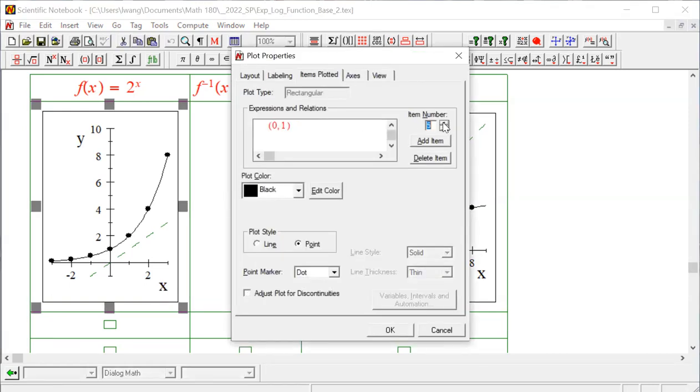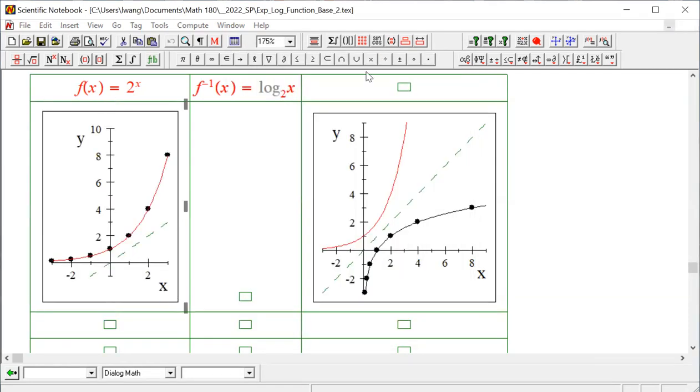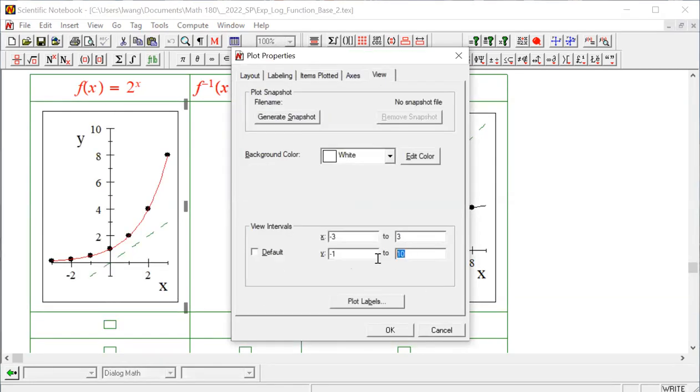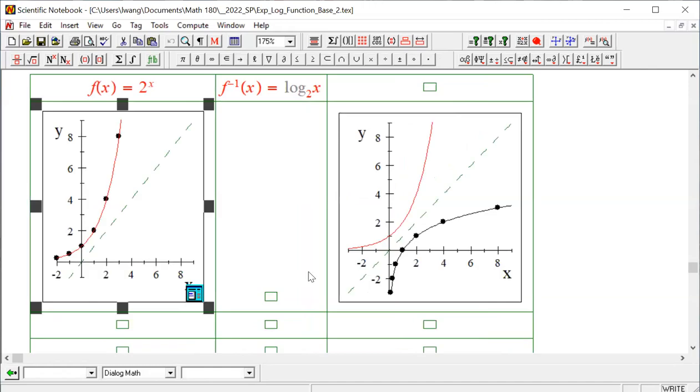I should make this red for that correspondence. And this piece, let's make it 9 to 9. So I'm making some adjustment to the scale. This is 2 to the x. And this piece, of course, is log base 2 x.